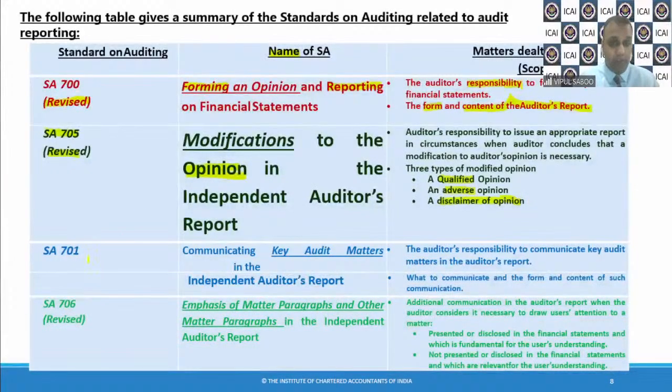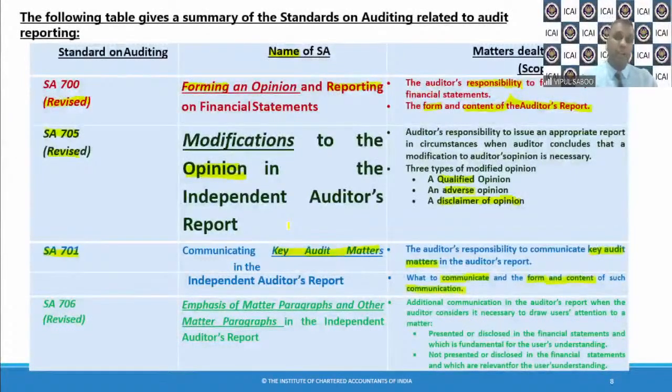Then SA 701, communicating key audit matters in the audit report. So again, auditor's responsibility. How does he consider key audit matters? What does he communicate, and how does he communicate the form and content of such communication?